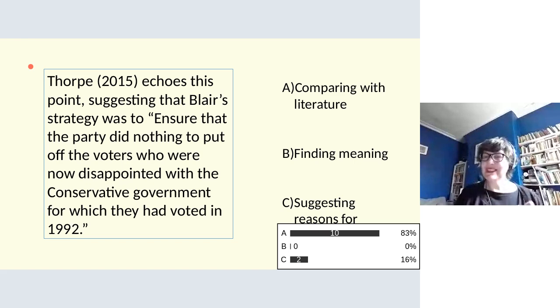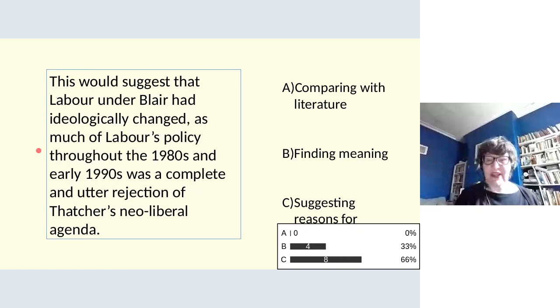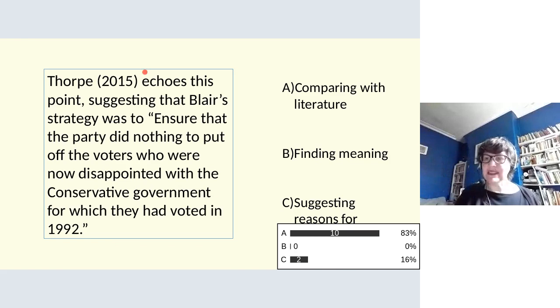But I think seeing that, great Ruby, I'll just come back to that in a second because I think that's exactly what I was thinking. So Thorpe echoes this point. Now, this little bit comes straight after this. So I'm finding meaning. This would suggest this.